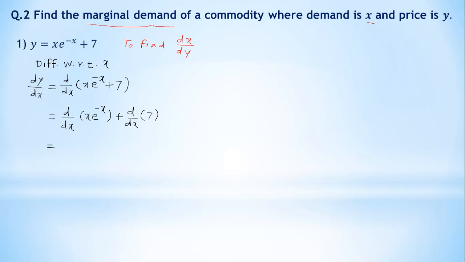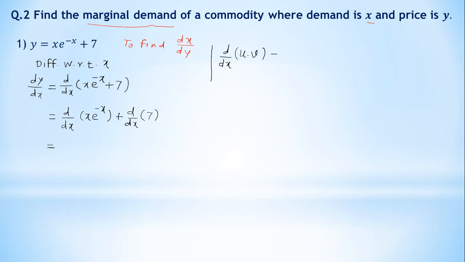Now see how you get the derivative of x into e raised to minus x. Here the given function is in this form. d by dx of u into v: the term x into e raised to minus x has two functions in multiplication form. So we know the rule of the derivative, the u into v rule.